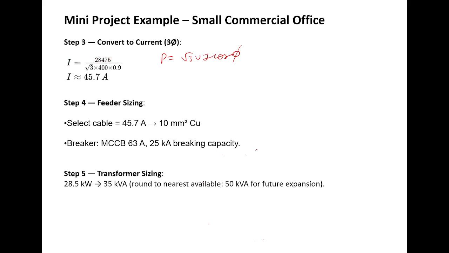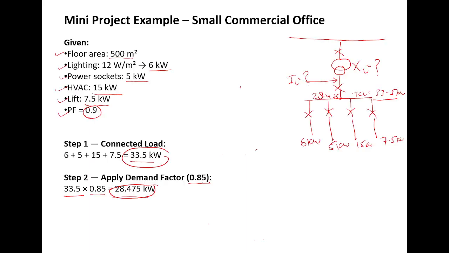Now I am multiplying by 1000, so 28475 divided by root 3 into 400 voltage into 0.9, which was given value by my client, power factor 0.9. So the value is around 45.7 amperes of current. So the line current of my main feeder, 47 point something approximate, 47. Now based on this much, this will be the current that will flow through this feeder.